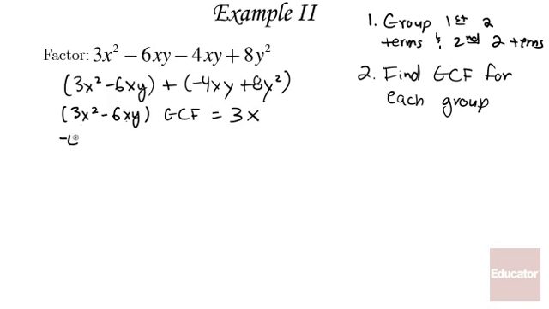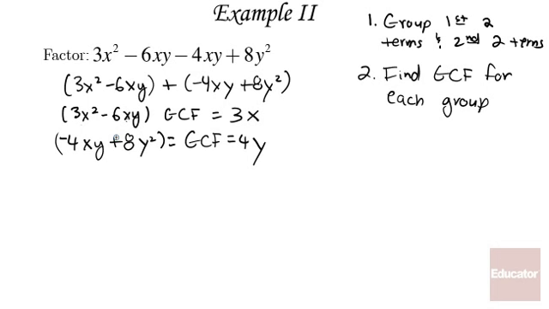For negative 4xy and 8y squared, numerically, the greatest common factor would be a 4. I only have an x in one term, so I can't pull that out, but I have a y in both. I have one y in both.